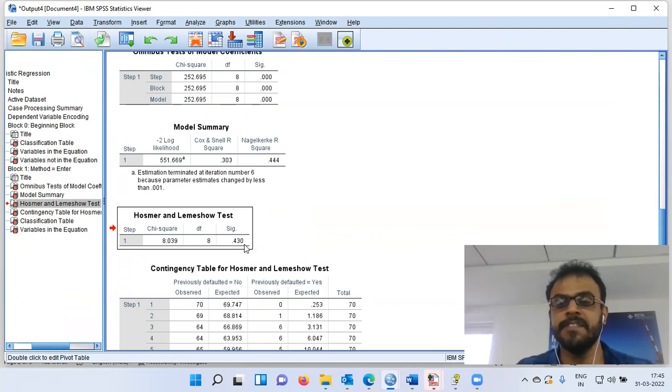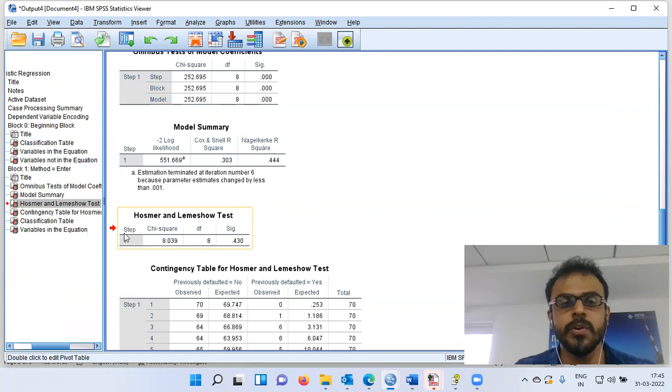And hence, I fail to reject my null hypothesis and conclude that the model fits the data well. Had this number been less than 0.05, then I could have concluded that the model does not fit the data well. But remember, if the significance level is bigger than 0.05, our inference is that the model fits the data well. It's a good sign.